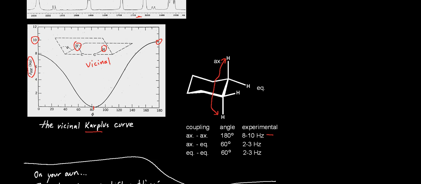Axial to equatorial coupling value. The angle here is about 60 degrees if you build a model. At 60 degrees, the coupling constant should be about 1.8 theoretically. Observed, not too far off. And same with equatorial coupling. 60 degrees, 2 to 3 hertz.